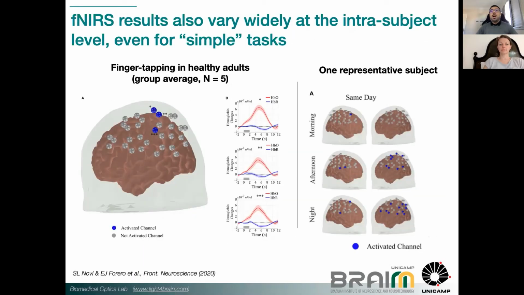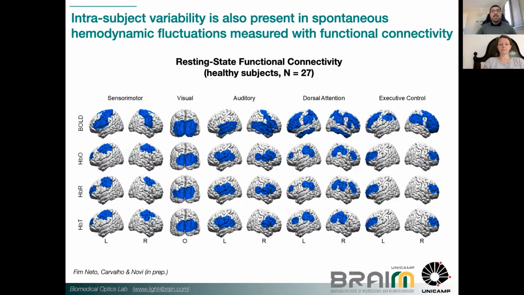And this is not just specific to the task. If you do resting state connectivity, the same ideas apply, but the subject is not performing any task. They're just staying still and quiet for, in this case, 6 minutes. You can look at and compare the time series of these spontaneous fluctuations in the fNIRS signal.